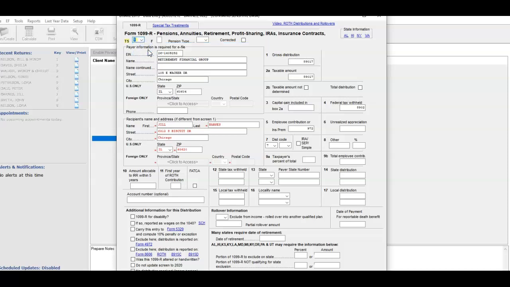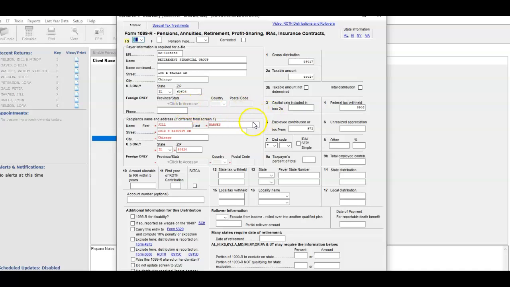Taxpayer is always the main person that's the first person on the return. Spouse is generally a married couple, so whoever's first on the return is the taxpayer. The second person is considered the spouse. And so you put this information in, you put the dollar amounts in, you put the federal amount in, you put the distribution code section in, and basically that's how you fill out this 1099-R retirement income.